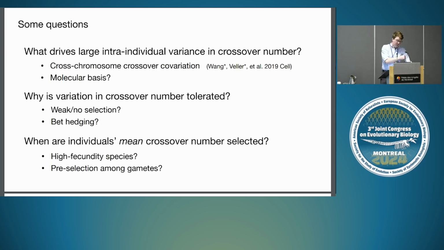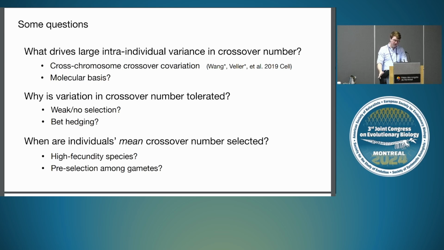Okay, so I'll leave you with a few questions. First, from a physical and molecular perspective, what drives this enormous intra-individual variation in crossover number? This is something that we know something about. It's driven almost entirely by a phenomenon where the number of crossovers within individual nuclei co-varies positively across the chromosomes. So if I take a nucleus from an individual and I look at chromosome 1 and it contains an unusually large number of crossovers, then so typically will chromosome 2 and 3 and so on in that nucleus.